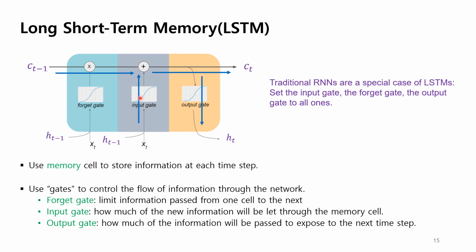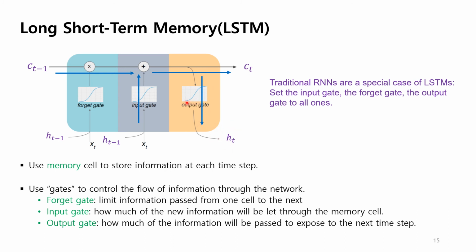That's the input gate. Finally, the output of this addition moves to the next value of memory, and also moves to the value of the next state hidden node. But when it moves to the next state hidden node, there is an output gate. This determines how much of this information moves to h_t.